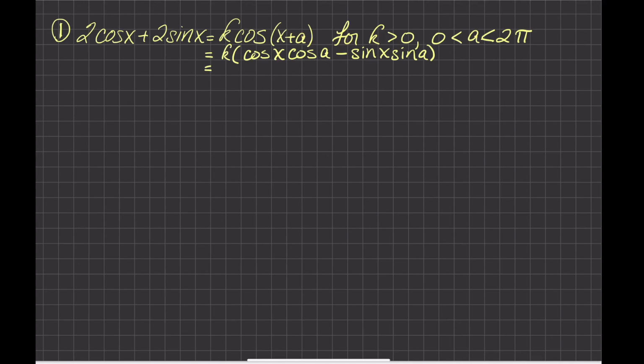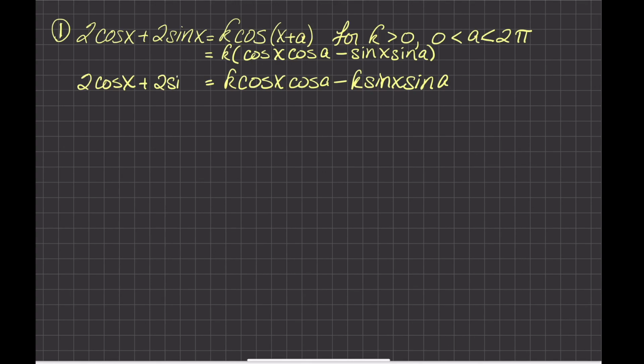So we have k times the cosine of x times the cosine of a minus k times the sine of x times the sine of a. And this is equal to 2 cosine of x plus 2 sine of x.